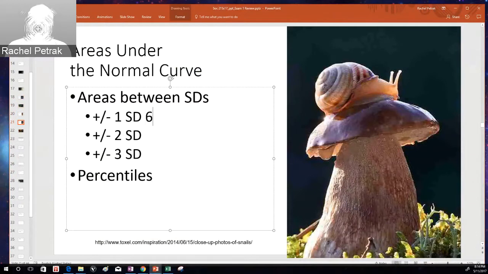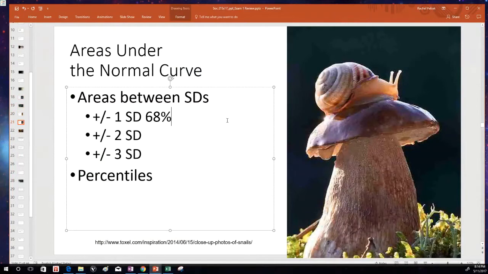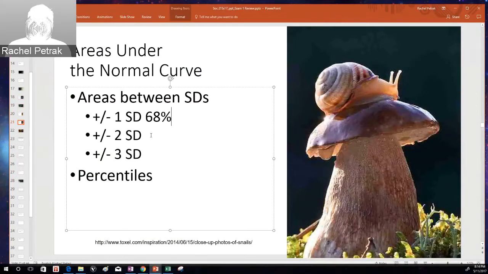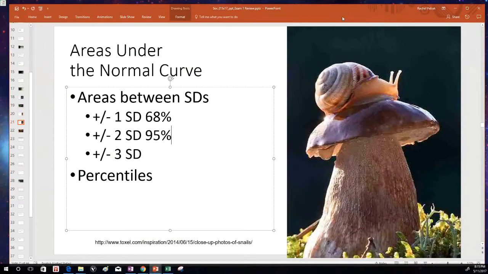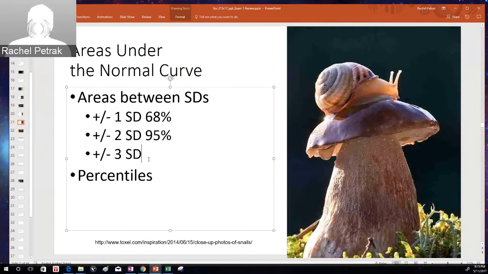How about at 2 standard deviations? 95%, excellent. And 3 standard deviations? 99.7%, excellent.